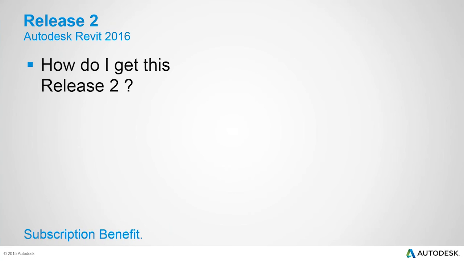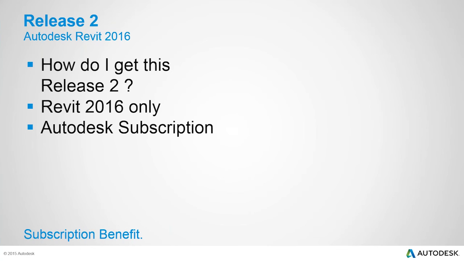Now, first, remember that this is for Revit 2016 only. Secondly, it is a subscription benefit, so you must be on Autodesk subscription. If you have both of these, then there are two common ways to download the Release 2 bonus package.